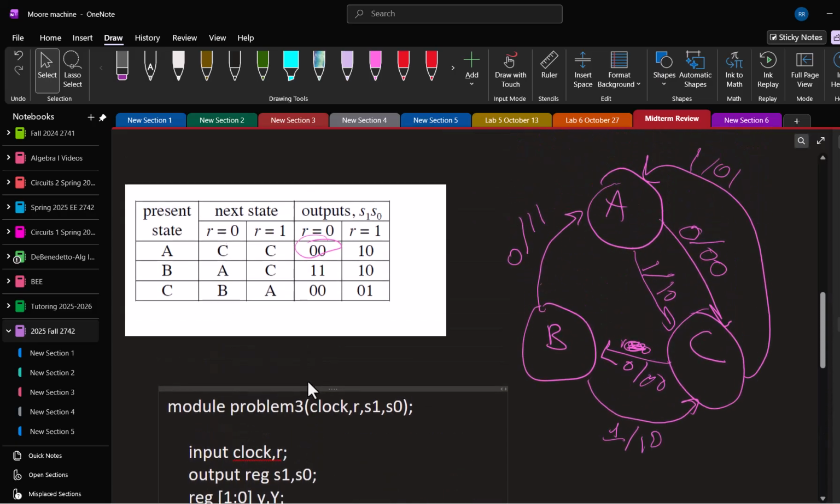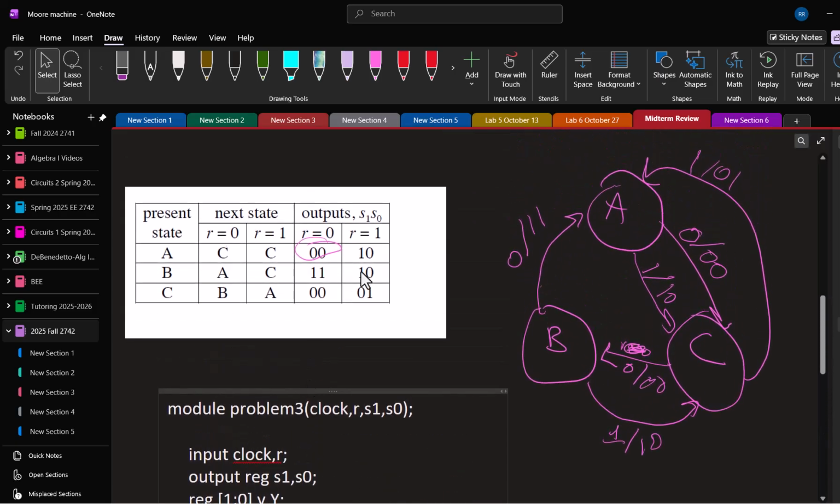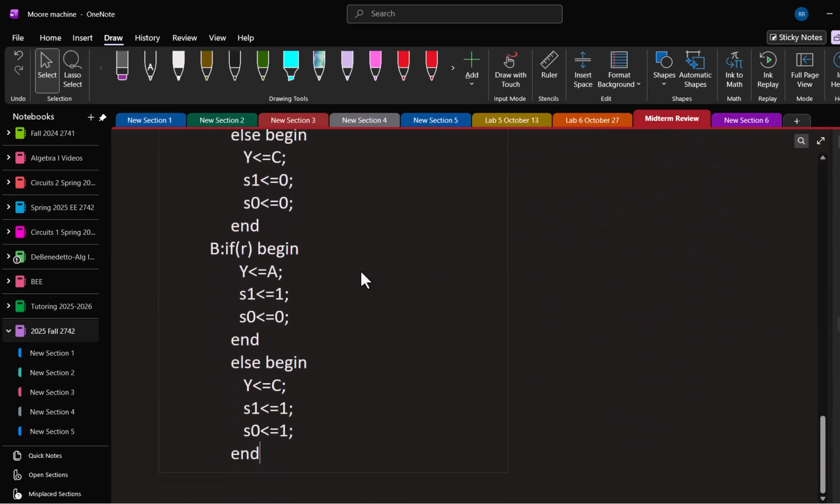And now from state B, if R equals 1, S1 is 1, and S0 is 0.